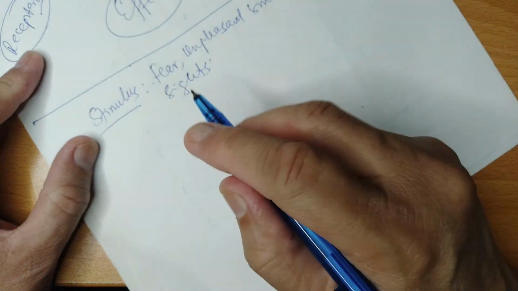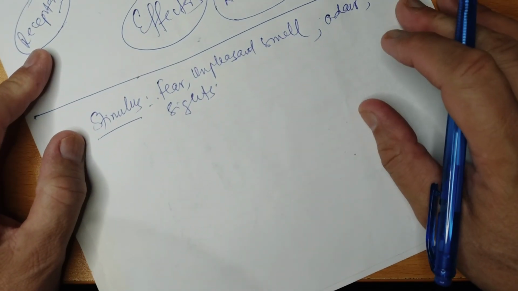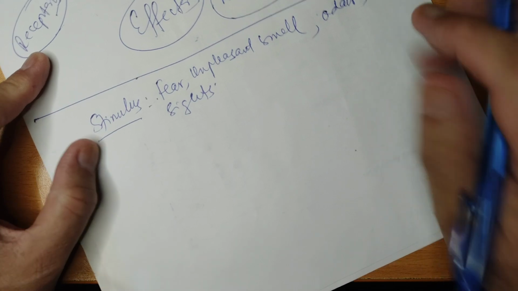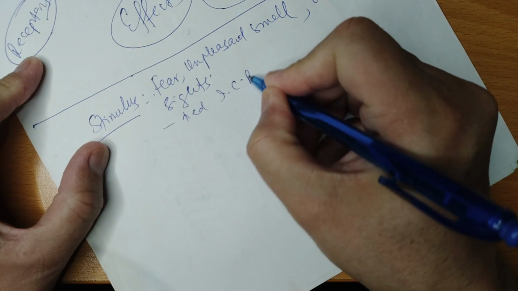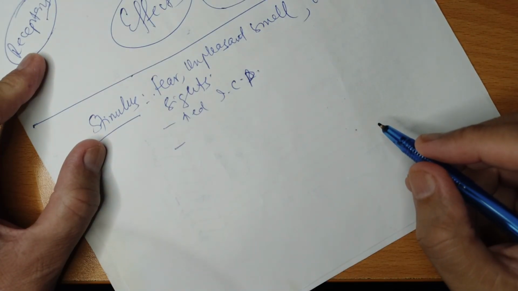These are various stimuli. Similarly, increased pressure in the brain, increased intracranial pressure can also be a stimulus for vomiting.